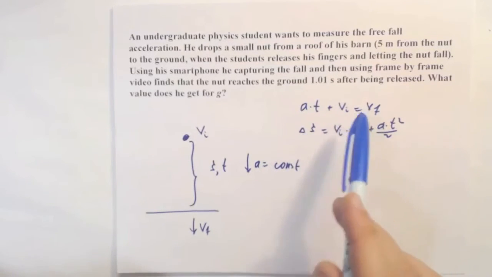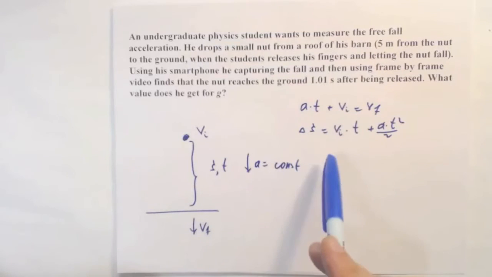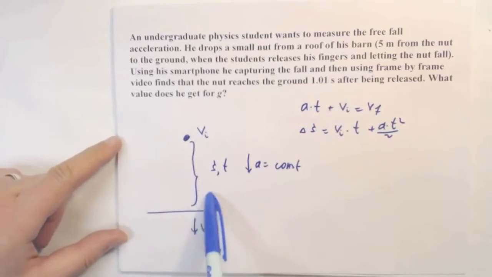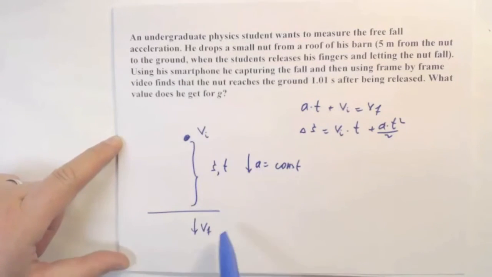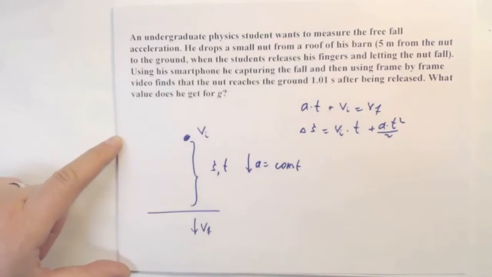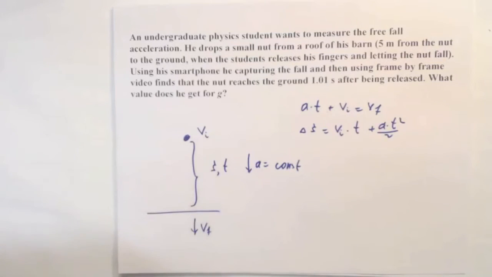A, V, V, delta S, those variables represent components. And if we want to use components mathematically correctly, we need an axis. Usually we draw the x-axis to the right and the y-axis up or down, and it's up to us how we choose the direction.